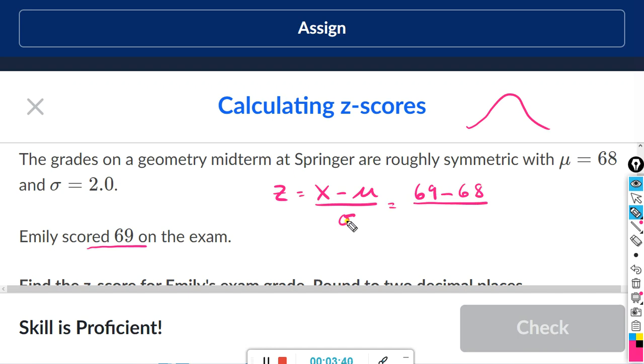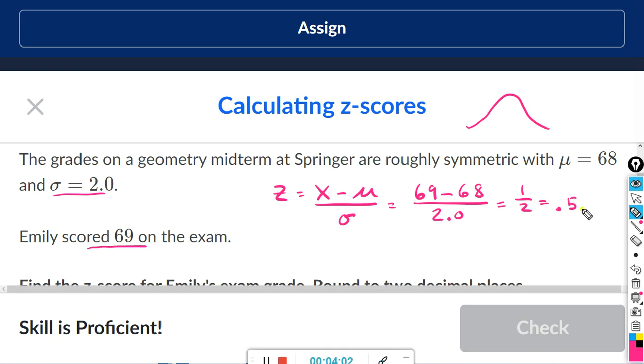And the standard deviation, or sigma, they said is 2.0. So that's just going to be 1 divided by 2. 69 minus 68 is 1, and 1/2 is the same as 0.5.